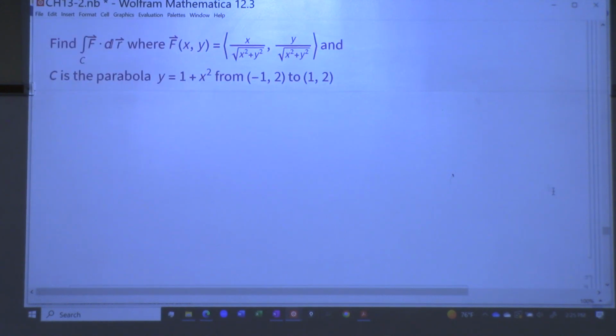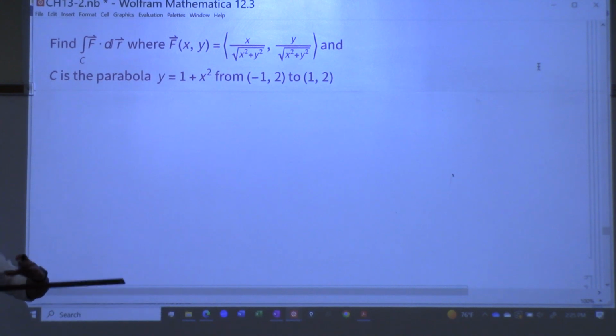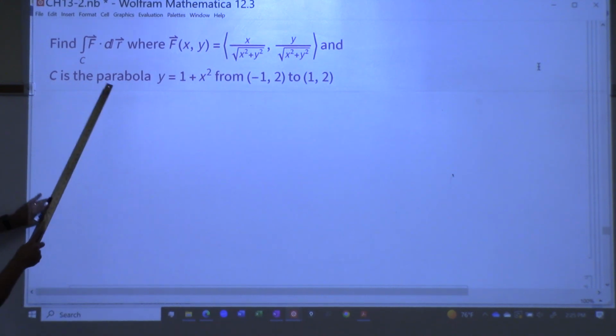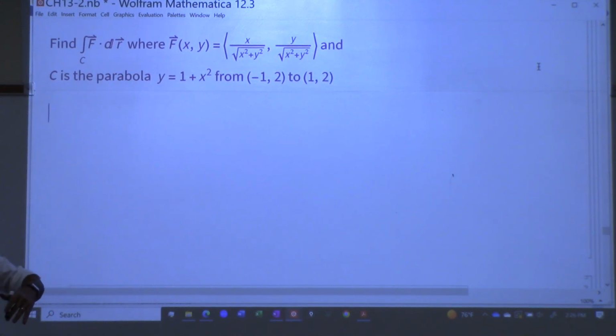It is. Depends on how fast I do it, though. So here, am I saying find the work? In some sense, yes. In some sense, no. Because in the world of math, this is simply the integral of the vector field F along the curve C. Now, in physics, if you've got some sort of force and displacement, then you're talking about work.